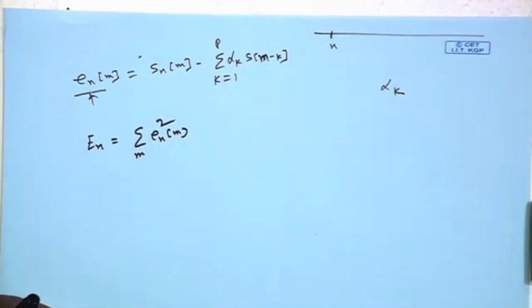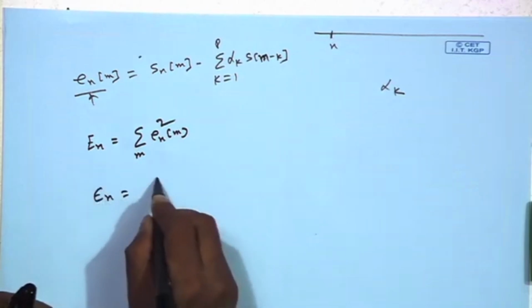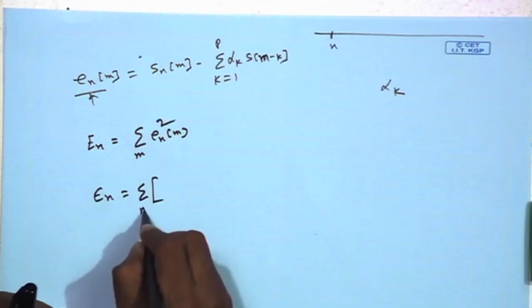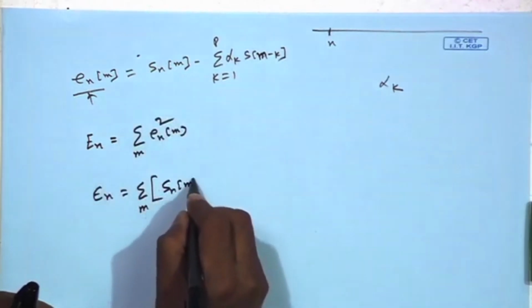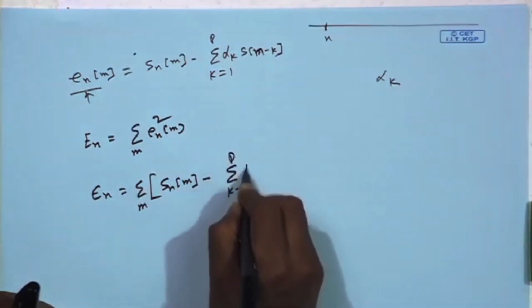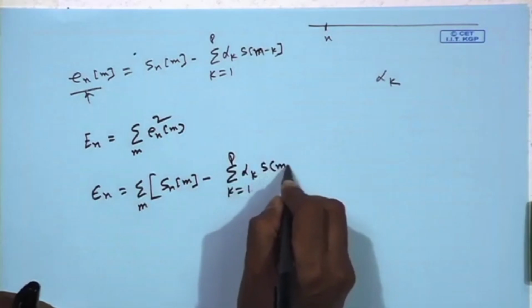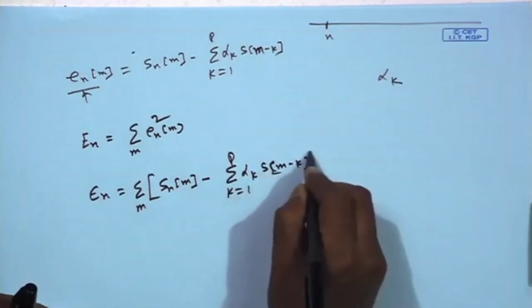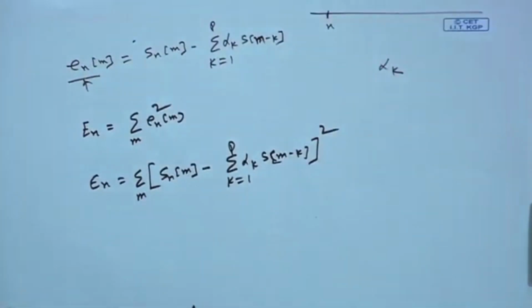So, E n is the sum over m of s n m minus the sum over k equal to 1 to p of alpha k s of m minus k, whole square. Okay, so that is the error.